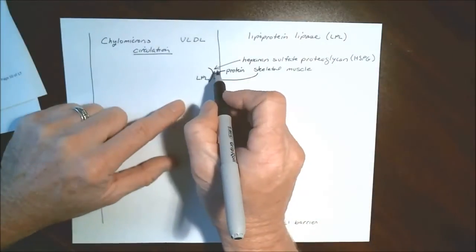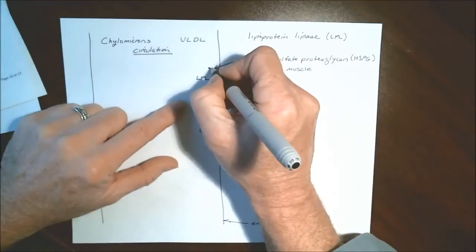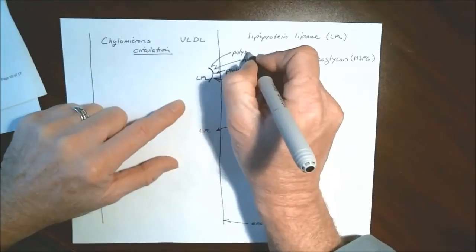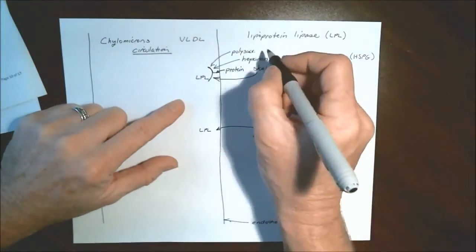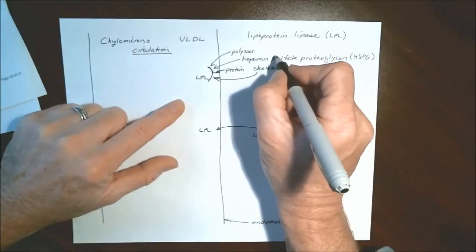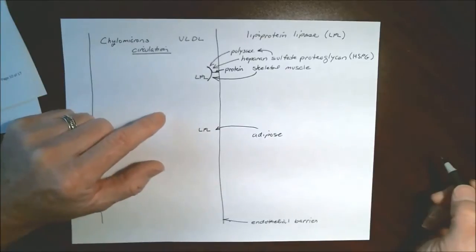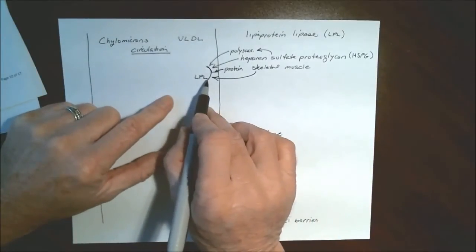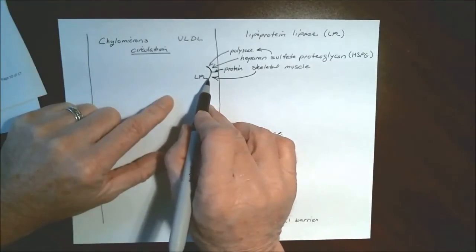Off of this protein core, we have long polysaccharide structures, which are represented by the heparan sulfate group. The LPL enzyme has a very high affinity for binding to this heparan sulfate portion of the molecule.